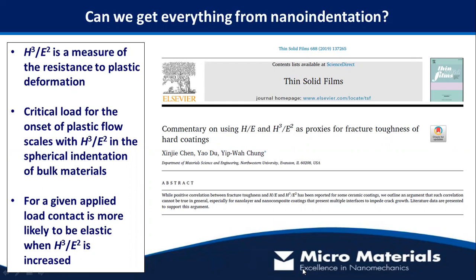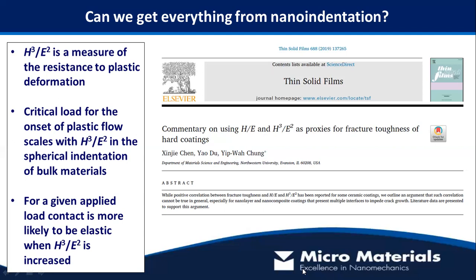So H/E is a measure of the elastic strain to break, and H³/E² is a measure of the resistance to plastic deformation, such that the critical load for plastic flow scales with this parameter in spherical indentation. So for a given applied load, contact is more likely to be elastic when H³/E² is increased.